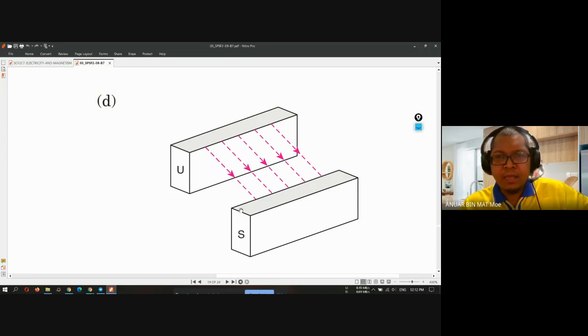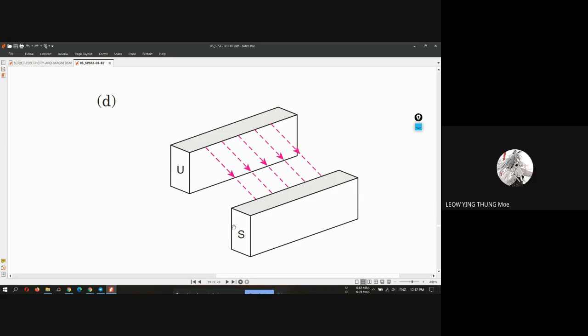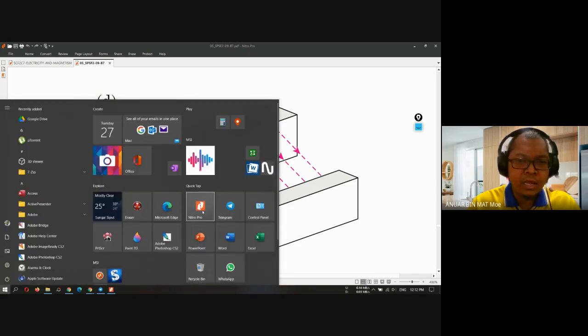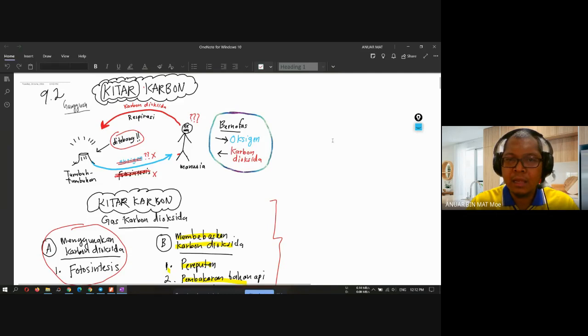What happens if we have the same polarity, for example north and north, south and south? Repel. Okay, very good. It will repel.